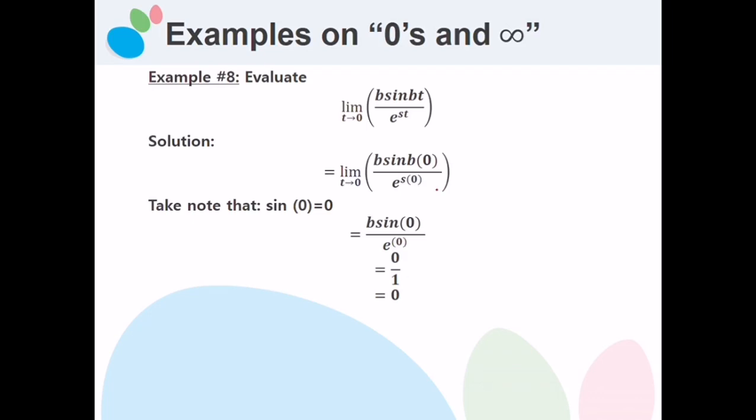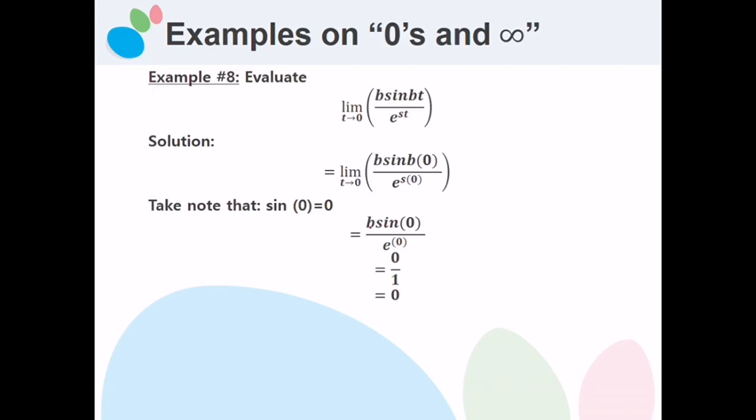Next one. How about if we find the limit of b sine bt divided by e raised to st, wherein t approaches 0? The next step is to substitute 0 for t: b sine b of 0 divided by e raised to s times 0. b times 0 is 0, and s times 0 is 0.